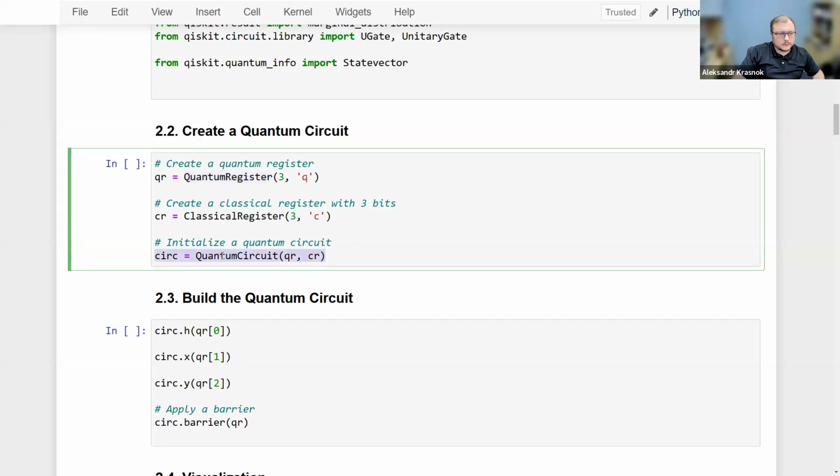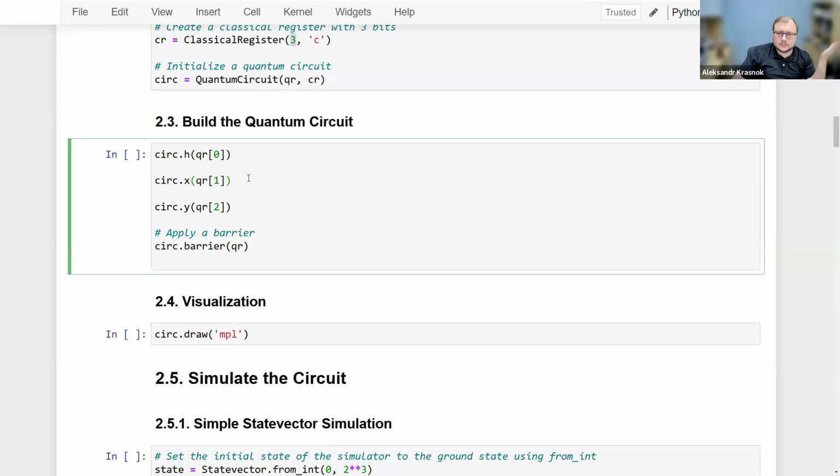You can simply create a circuit or announce the circuit using this command, QuantumCircuit. The quantum circuit consists of the quantum register. For now, here I put 3, so it's 3 qubits in the system, and the classical register with 3 bits, in the classical part of the circuit.